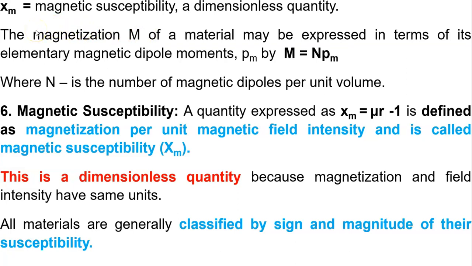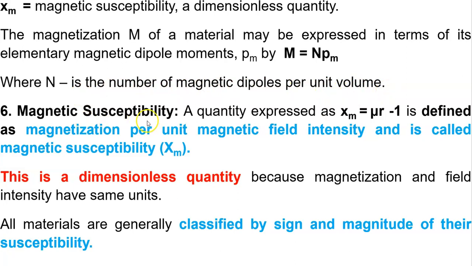Magnetization M of a material can be expressed in terms of the number of dipole moments. Dipole moment can be written as p suffix m, small p, or you can also use mu as the symbol for the dipole moment. So magnetization M will be equal to the number of dipoles into the dipole moment, where N is the number of magnetic dipoles per unit volume.